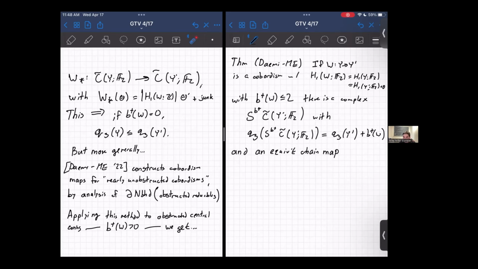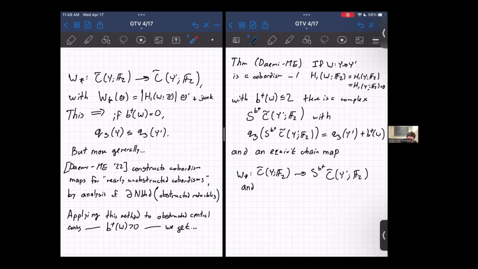Now, with this modified complex, we do get a chain map. We don't get a chain map from C tilde y to C tilde y prime, and you shouldn't expect that one exists. But you do get a chain map from C tilde y F2 to a suspended version of C tilde y prime F2.